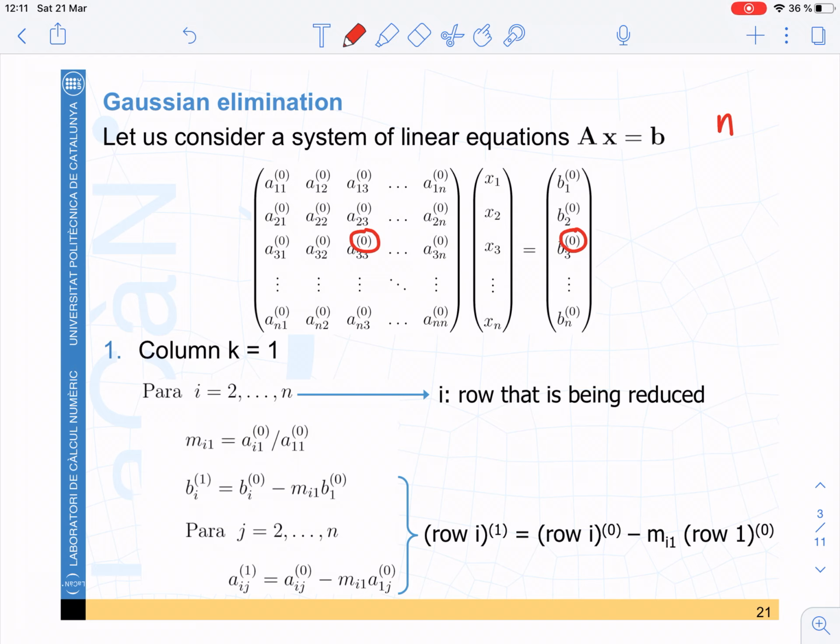So we start the elimination process in column k equal 1. We first compute this factor mi1. For that, we need this pivot to be different from 0. And then we perform the row operations both in b and in A.